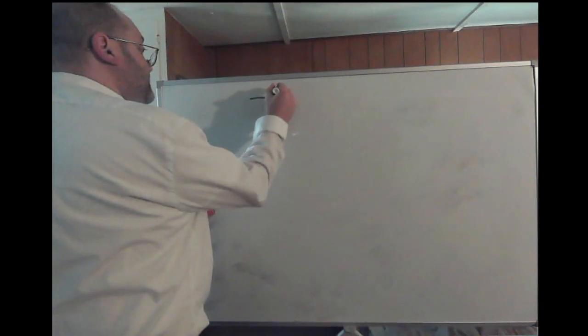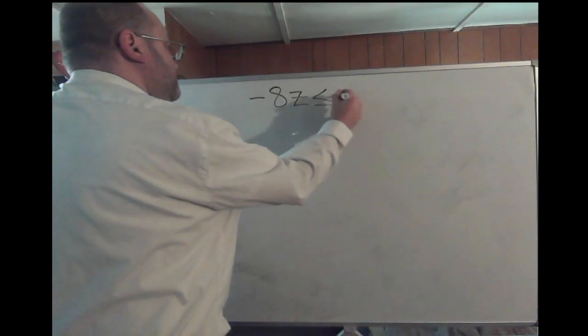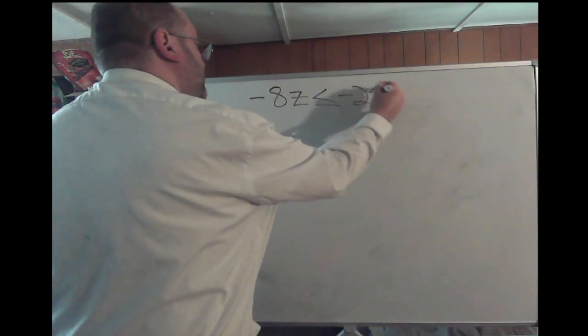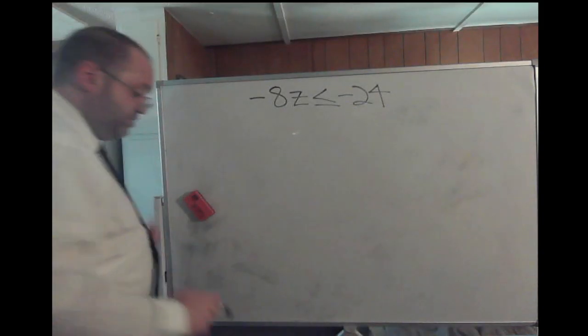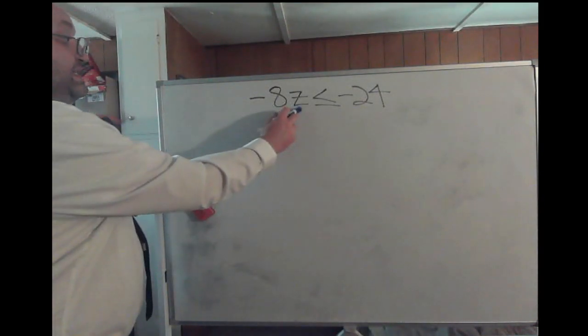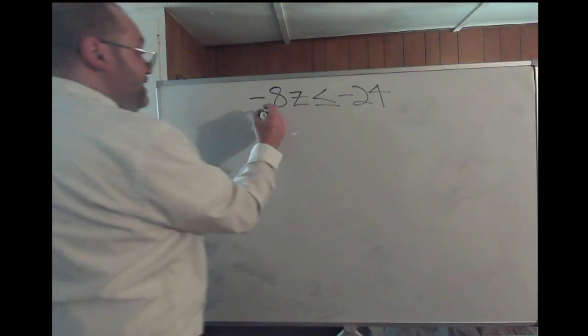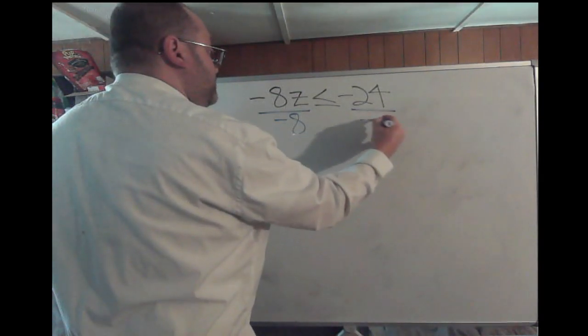Alright, negative 8z is less than or equal to negative 24. Well, we want to just get z, so we got to divide both sides by negative 8. We'll go ahead and do that.